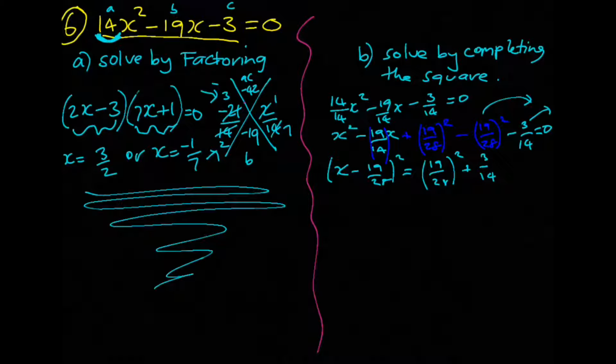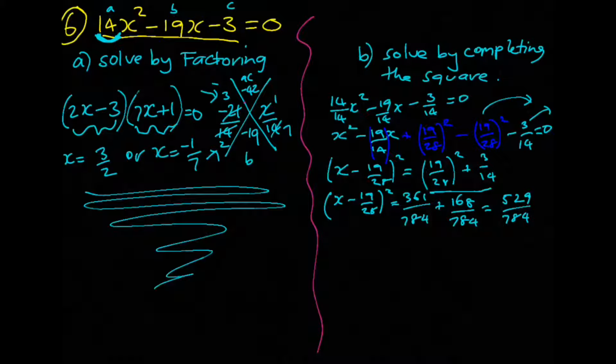So we need to get these with the same common denominator so we can add them. So x minus 19 on 28 all squared is equal to 361 on 784 plus 168 on 784. And that equals 529 on 784.